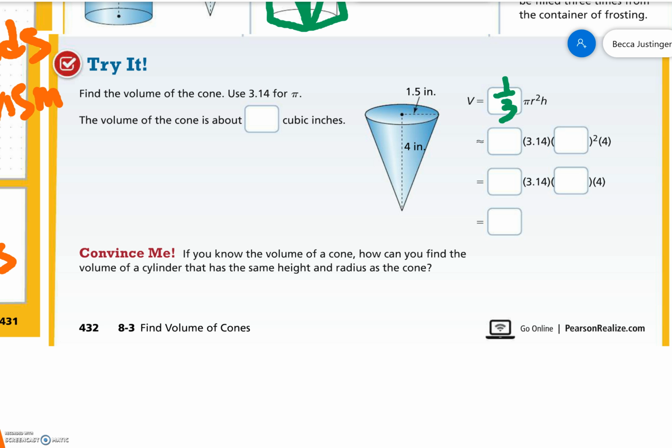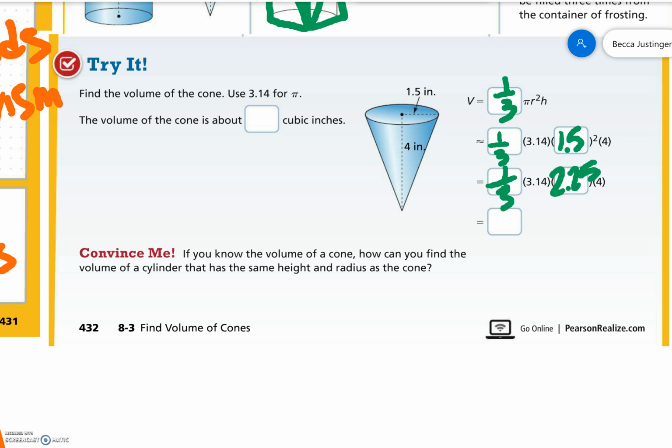So I'm going to keep my 1/3, they changed 3.14 for pi. My radius is 1.5. We have to square it and times 4. I'm going to keep bringing down the 1/3. And 1.5 times 1.5 is equal to 2.25. My last step is to multiply.